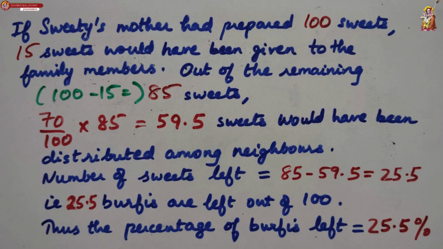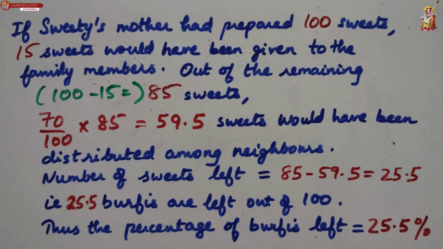The second method. Here we take the percentage value. Let's say if Sweetie's mother had prepared 100 sweets, 15 sweets would have been given to the family members because it says 15%. Now, how many would be remaining? 100 minus 15, 85 sweets would be remaining.